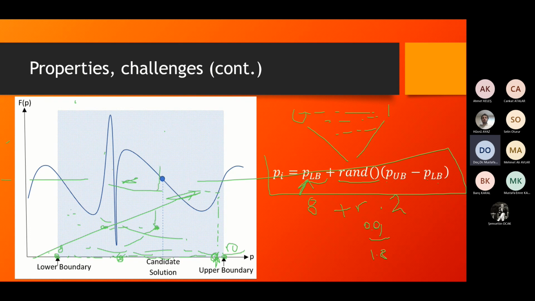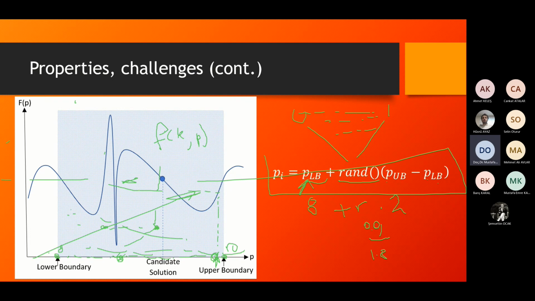The function will be two-dimensional, depending on k and p, and then we will check the result and how good it is. We will calculate the fitness of that value.